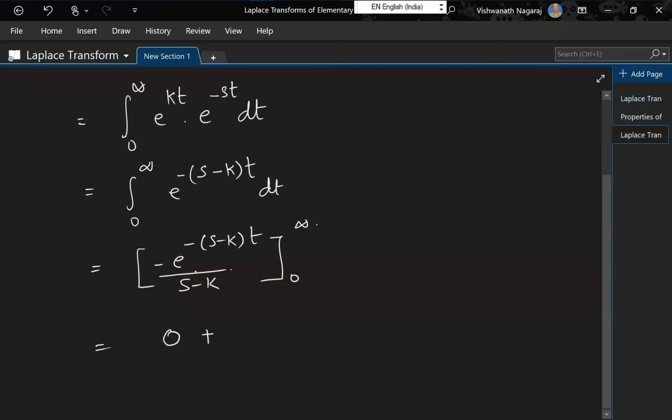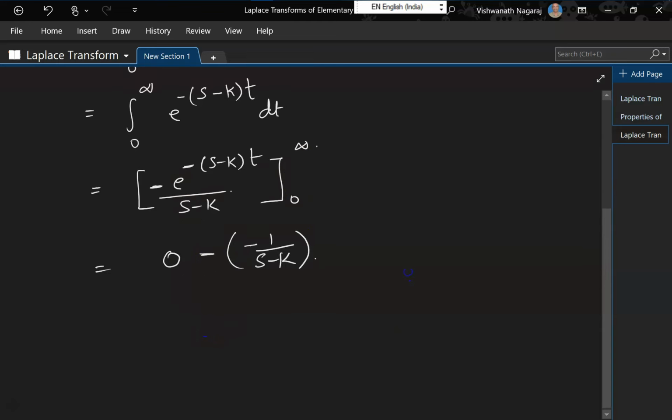Actually it will not be plus, it will be minus 1 by s minus k. This minus is because of this, and this minus is because we are subtracting by substituting 0. So this becomes 1 by s minus k.